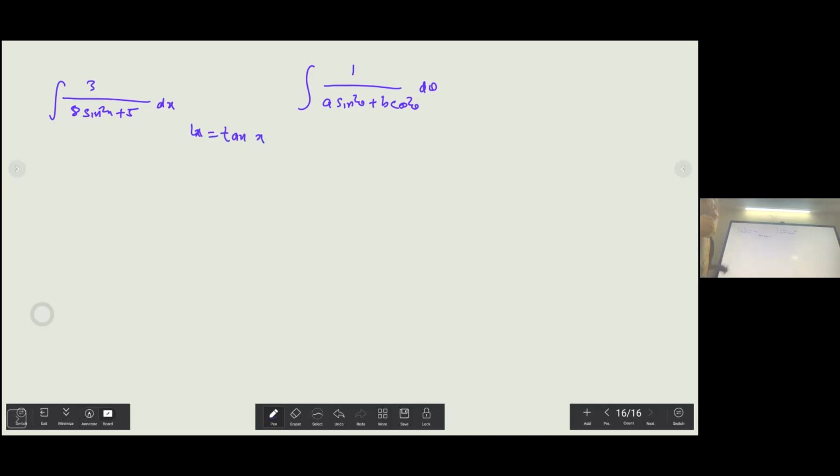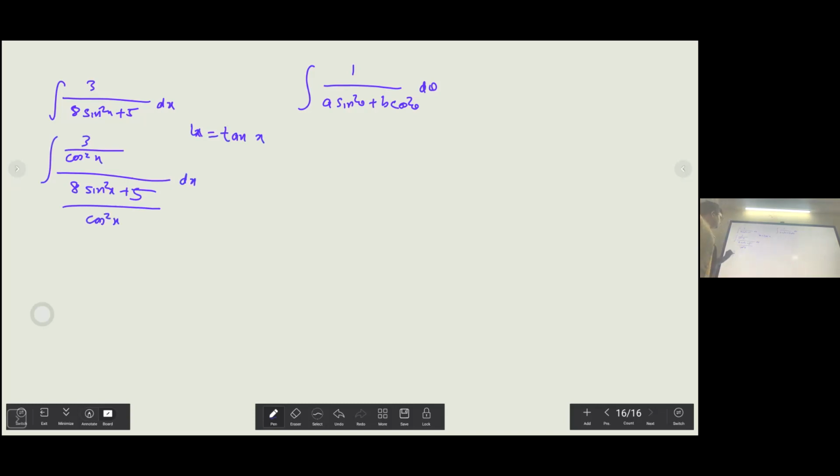So firstly, you can see that there is no tan term out here. So what we do out here is that you divide numerator and denominator both by cos square x. So if I do that, I get 3 upon cos square x divided by 8 sine square x plus 5 upon cos square x.